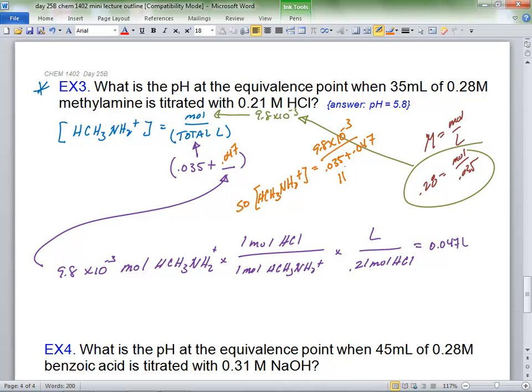You got it right, 0.12 big M. So you should be dividing the 9.8 times 10 negative 3 by the total liters. All right, so then we have to do ICE.